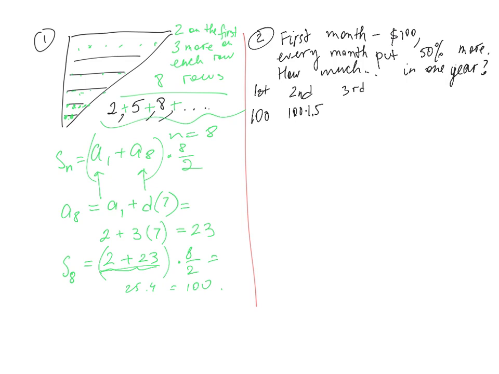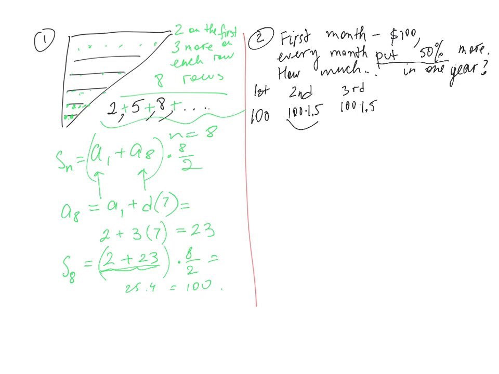Third month, whatever you had, the previous... I didn't formulate the problem correctly. I didn't mean 50% of the existing amount, but 50% of what you put last month. That's important, right? So now I want 50% more than this. So I already have this amount, and I need to increase it by 50%, so I need to multiply it by 1.5.